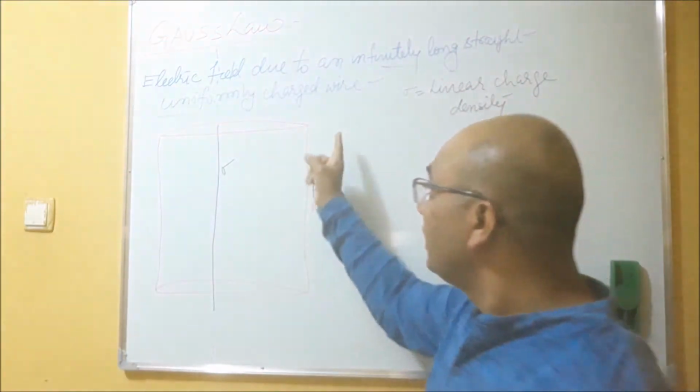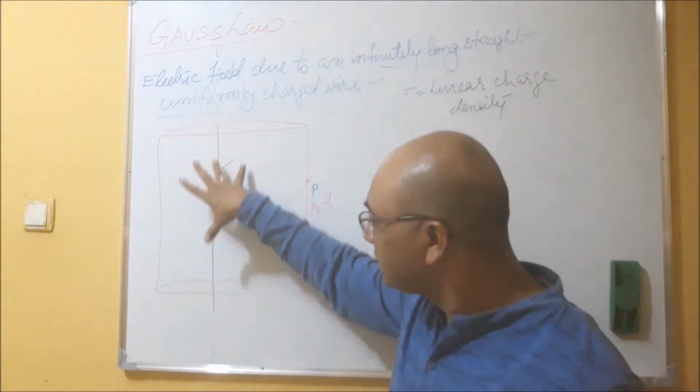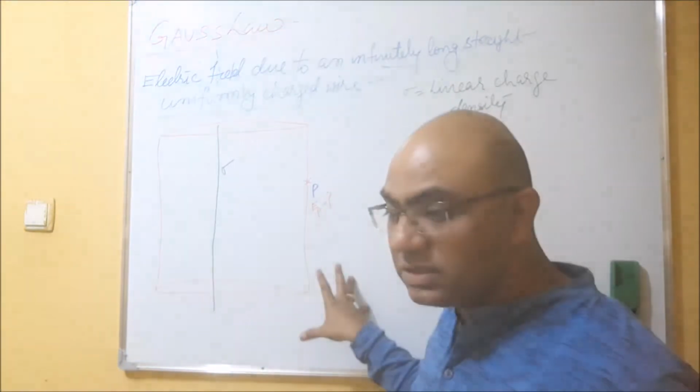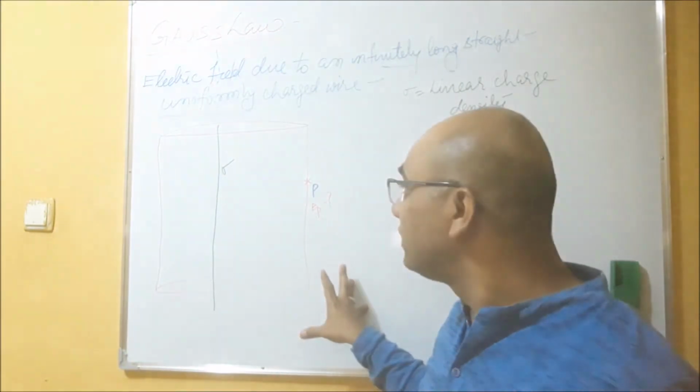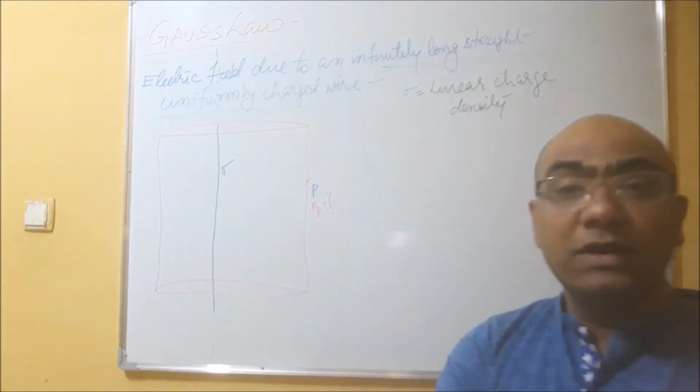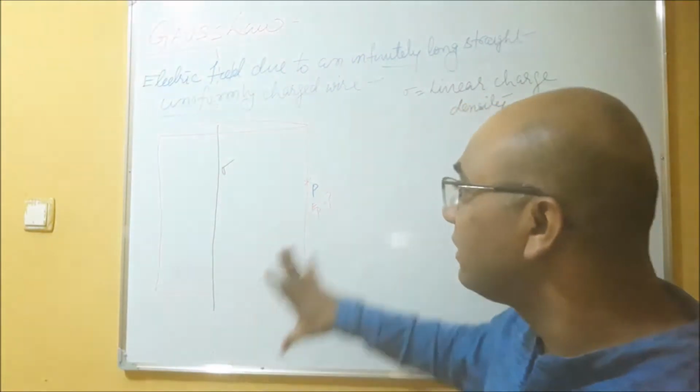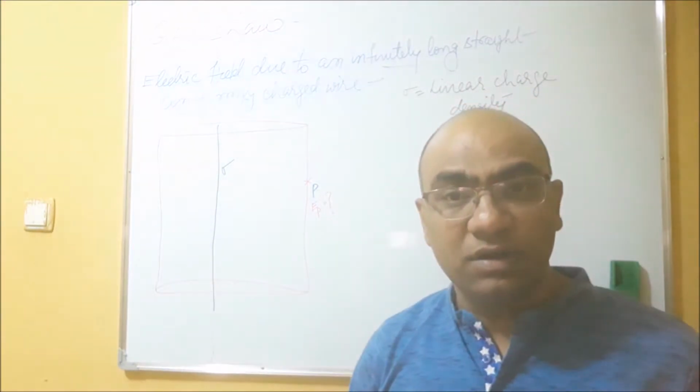Okay, and when I enclose this linear charge inside this surface, you get this surface as a Gaussian surface, right?